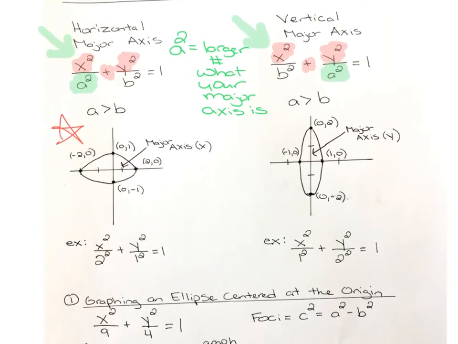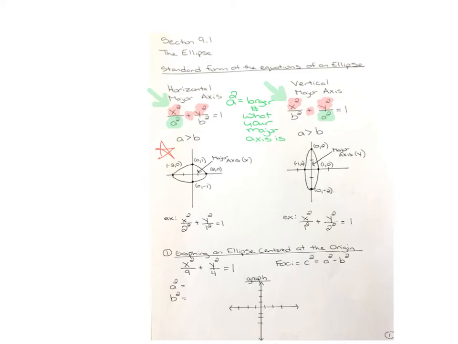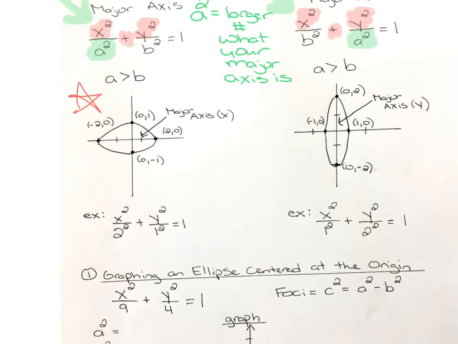you have on your x-axis points at -2, 0 and 2, 0. Then on the y-axis you have 0, 1 and 0, -1. Each of your equations for the ellipse is going to start out as x squared and then y squared, with a plus sign, equal to 1.